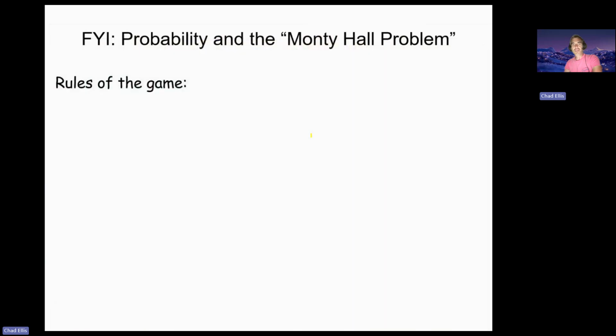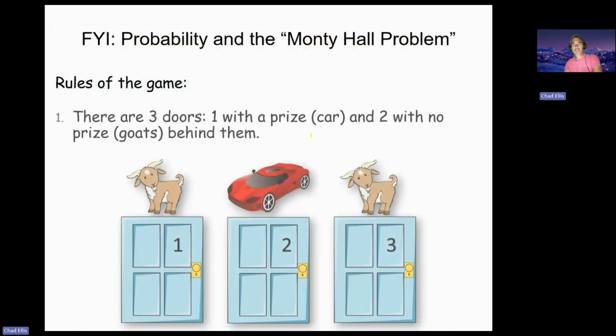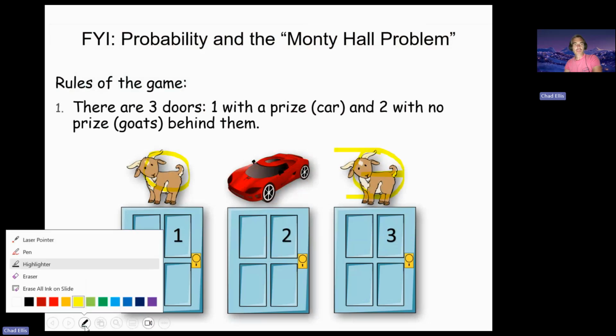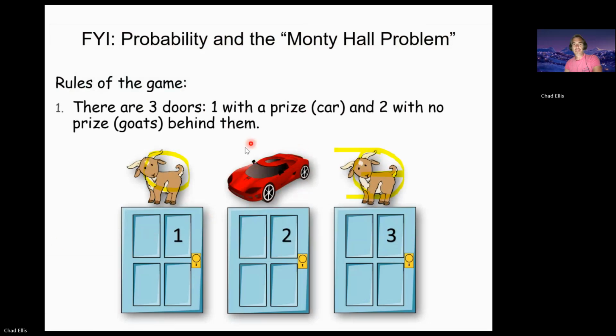The rules of the game are this. You're given 3 doors. You do not know, of course, what's behind them. 2 of the doors have goats behind them, and 1 of the doors has the prize, something like a car.